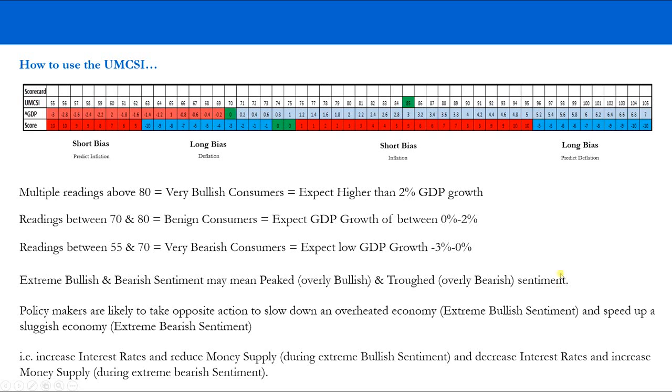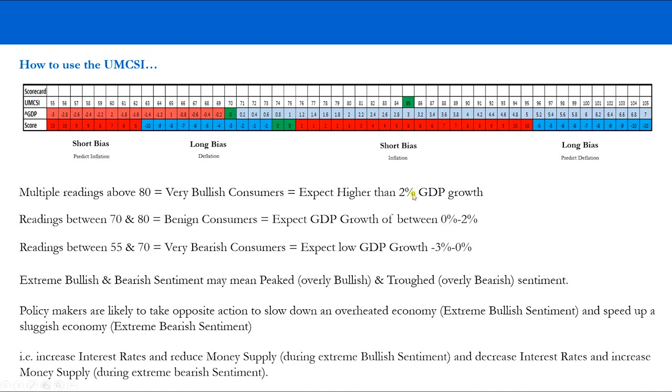This is a good example of how you've got to think differently in the extremes, similar to the way the ISM and the NMI work. Policymakers in the future, when they see this, are more likely to take the opposite action to what they're seeing in the extreme circumstances.